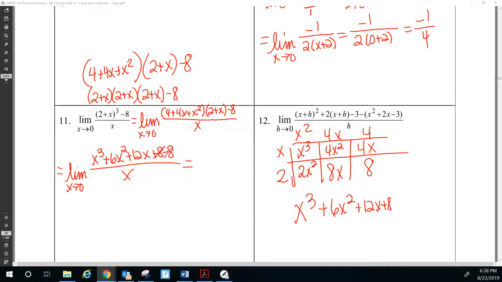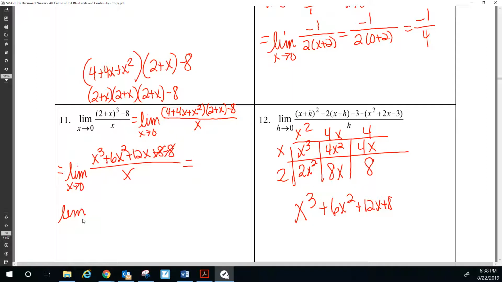So we're going to cancel these out, and now I've got an x in every term, and I can factor out that x in the numerator and finally cancel it out of the denominator. So I'm going to pull out an x. I've got x squared plus 6x plus 12, over x. These finally cancel. I can finally plug in that 0. So 0 squared plus 6 times 0 plus 12, and that is equal to 12.